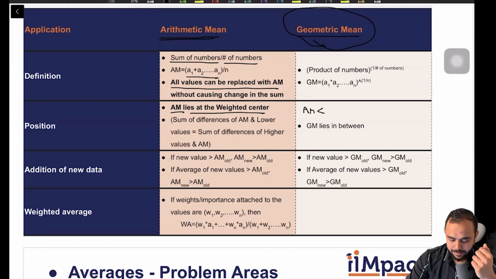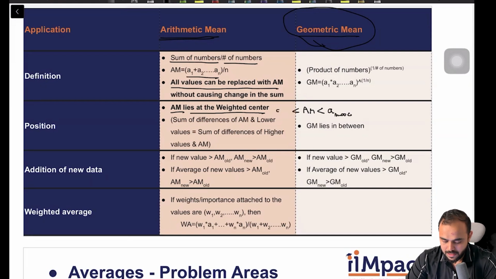So arithmetic mean will be lower than the maximum value in the data set and greater than the minimum value in the data set. For you to have any sort of equality here, you will essentially have to converge this data set into one repeating element only, in which case the arithmetic mean will be the same as the minimum value, which will in turn be the same as the maximum value. When everything in the data set is the same thing, only then will the arithmetic mean be equal to the minimum or the maximum itself.